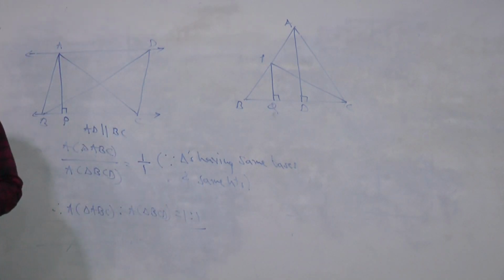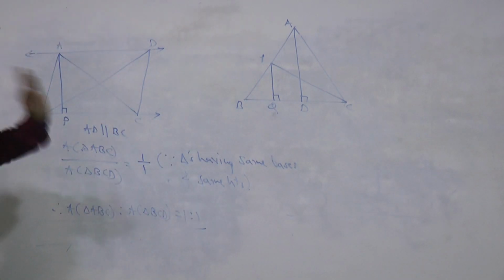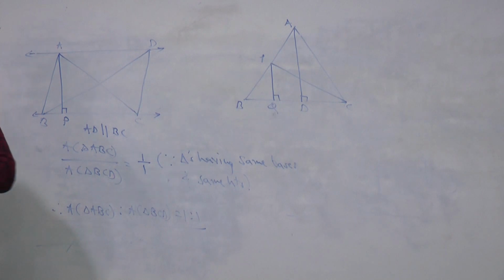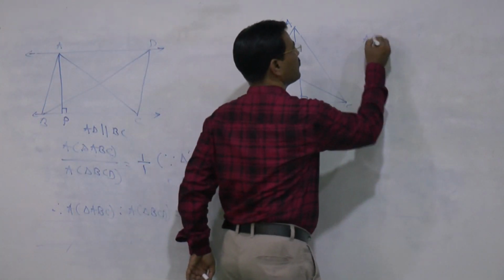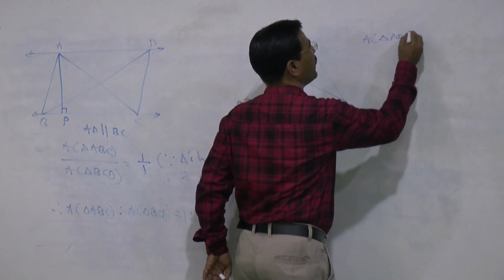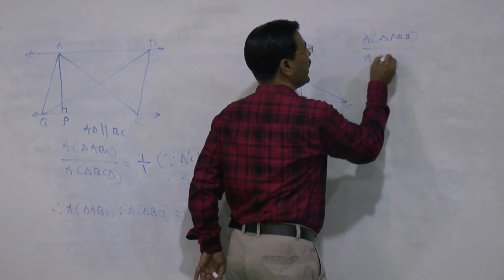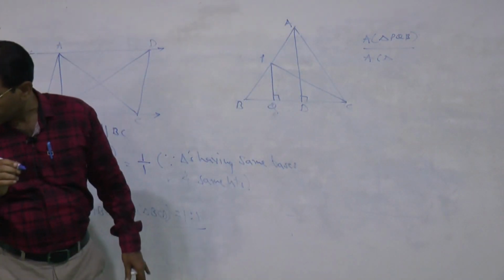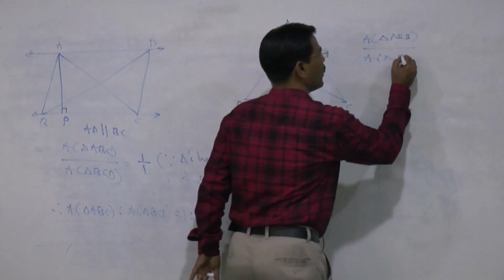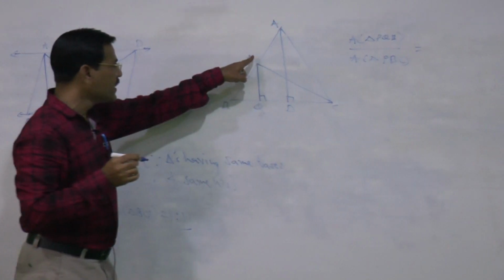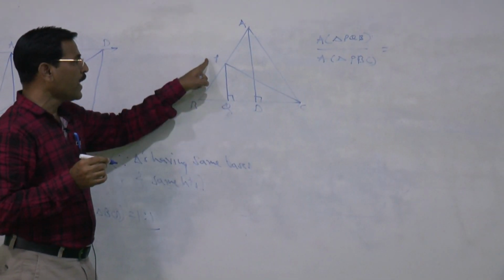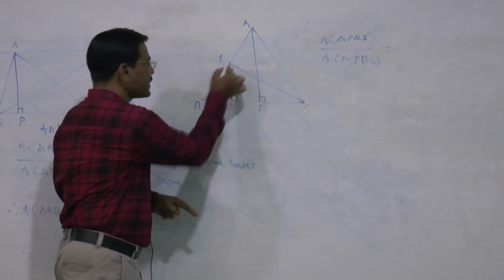Now listen very carefully. There are so many triangles. What we need first is area of triangle PQB upon area of triangle PBC. Are you observing where they are? Where is PQB? See here, PQB. And PBC, this is the bigger one.